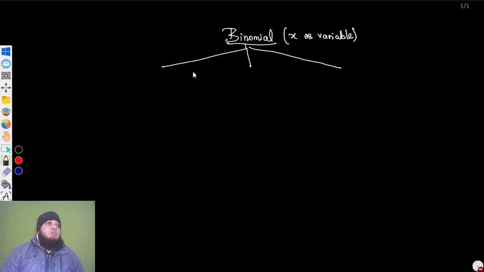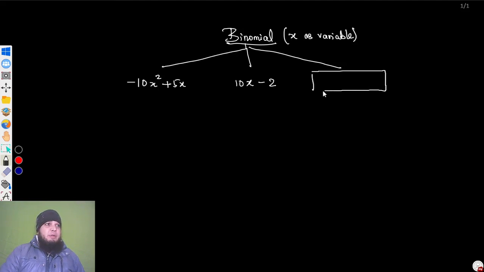Okay, so binomial we can write, means if the variable will be used, so that will be only x. So we can write like this: -10x square plus 5x. This could be the case. 10x minus 2. This is also binomial. Can you give any third example of this? Binomial with x as variable.